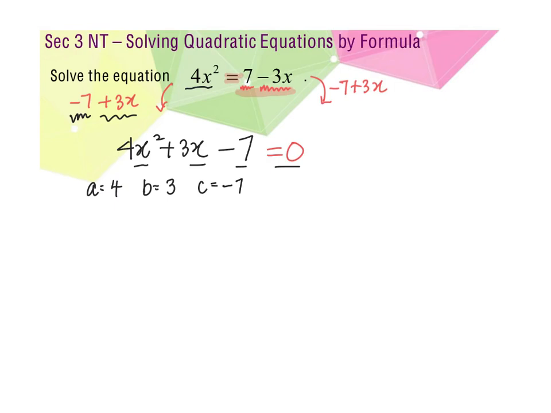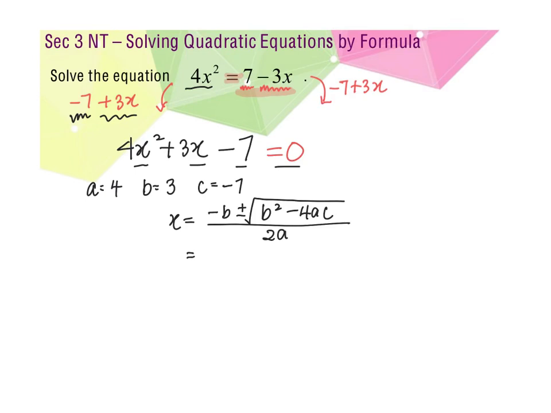Now next, we are going to use our formula, because they say solve the equation. So x equals negative b plus minus square root of b squared minus 4ac, over 2a.